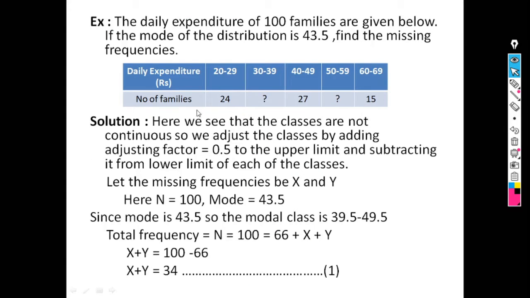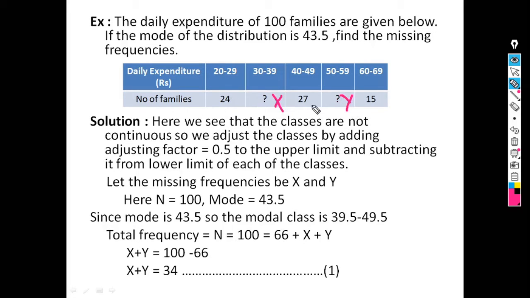Also we know the total frequency, the summation of all observations, is given, that is 100, and from this table we can also calculate the sum of frequencies, that is 24 plus x plus 27 plus y plus 15.